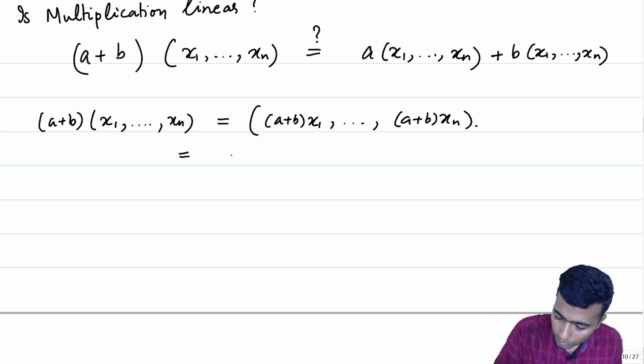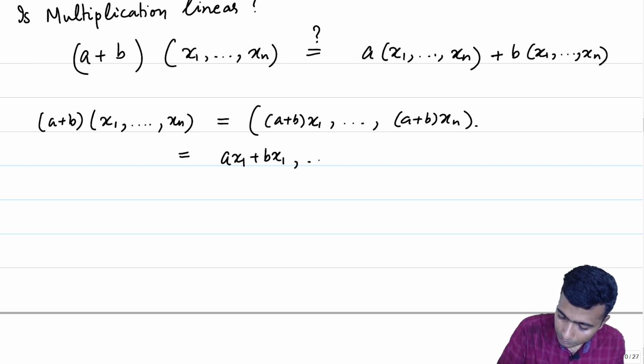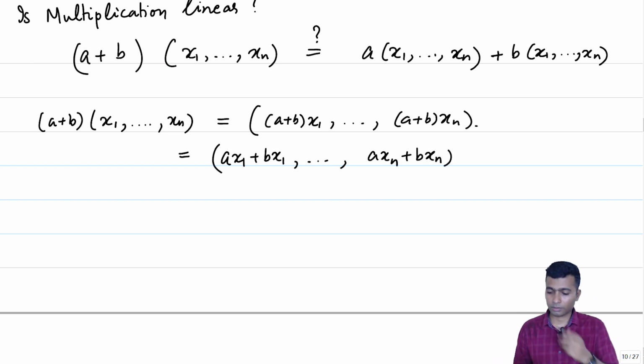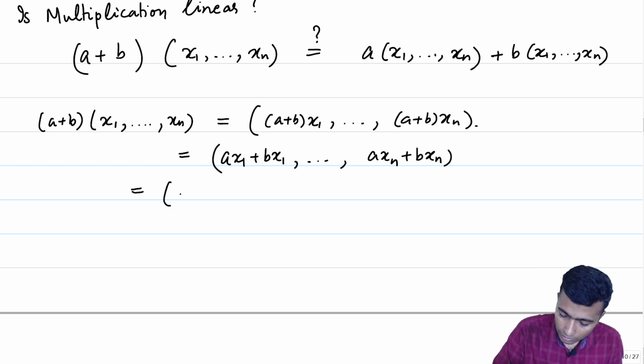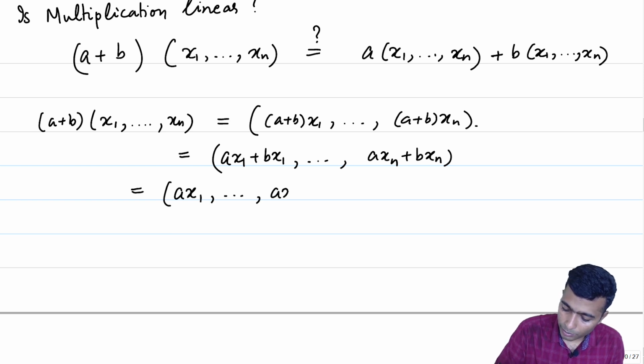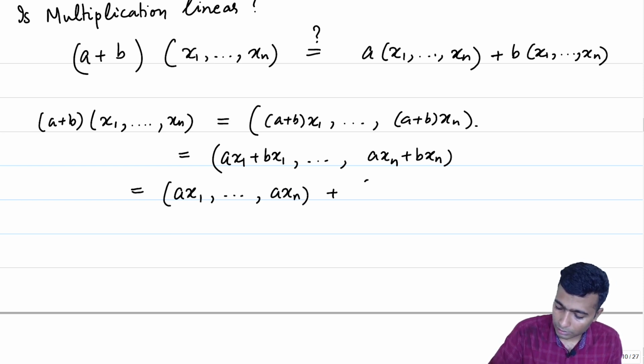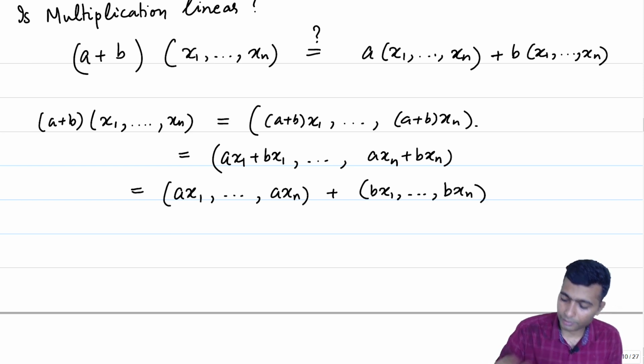So, this is equal to ax1 plus bx1, up to axn plus bxn. But if you observe carefully, by the definition of vector addition, this is exactly ax1 up to axn plus bx1 up to bxn.